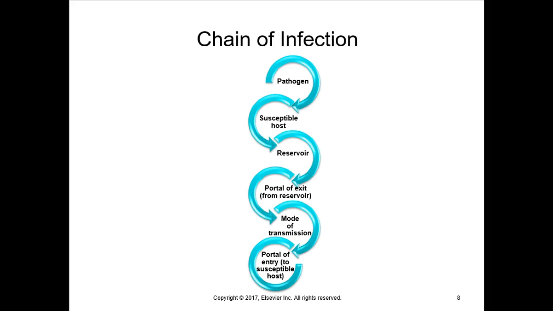However, you can have other entry points, say for a UTI, E. coli, someone not wiping properly, a female, after having a bowel movement, or let's say someone has a cut and they don't keep it closed, or they have dirty fingernails and they've been scratching and they open it and the dirt under the fingernails enters into that susceptible host. The key thing is making sure our host is healthy so they are not susceptible to infection. So we'll talk a bit about that in your classes and in your skills lab, I believe.